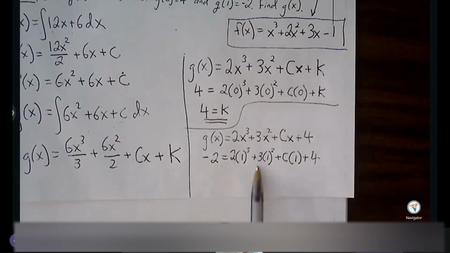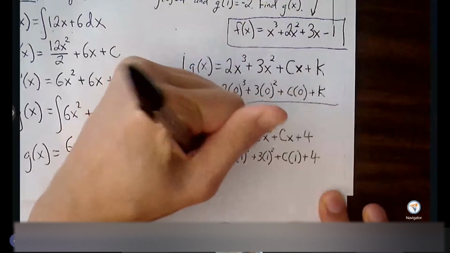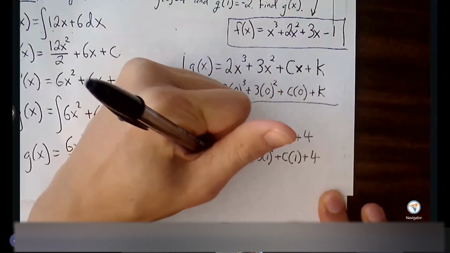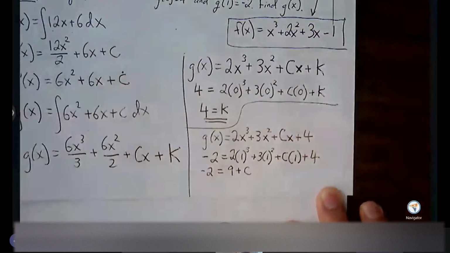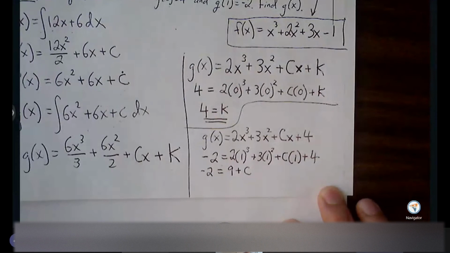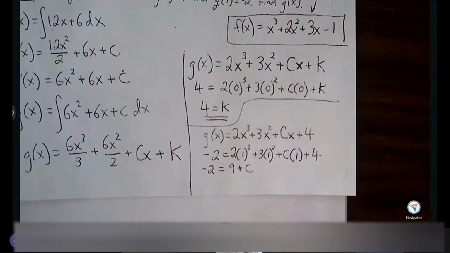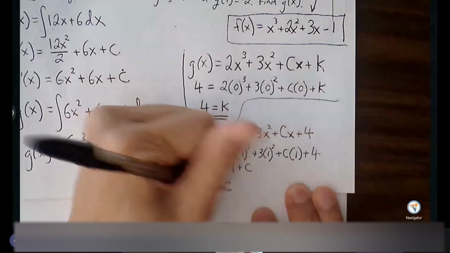-2 equals 2 plus 3 plus 4, that's 9. Subtract 9 from both sides, I get c is equal to -11.